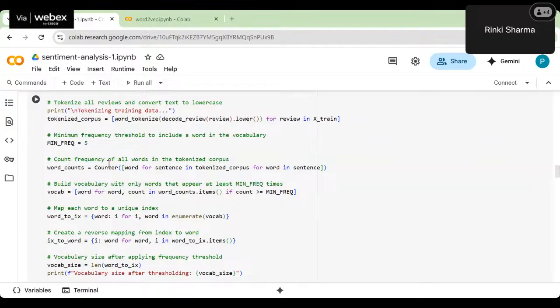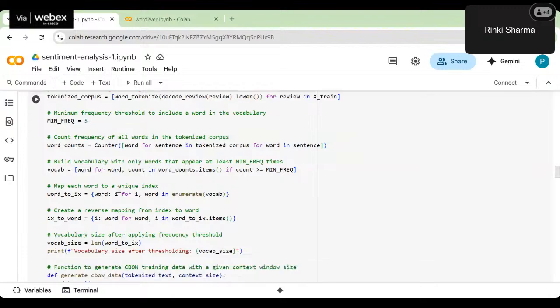So we set a minimum frequency count of 5. That is, if a word has occurred in our data five or more times, then it will be included in our vocabulary. This is how we define our vocabulary.